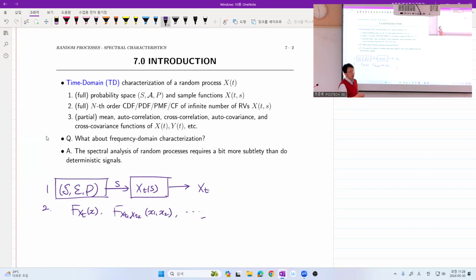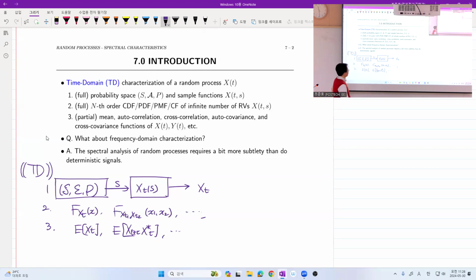They all exist, and they must be consistent. Anyway, what are the partial characterizations in the time domain? You may think about the expectation. You may think about the autocorrelation function, and so on. So these are time domain characterizations, right?